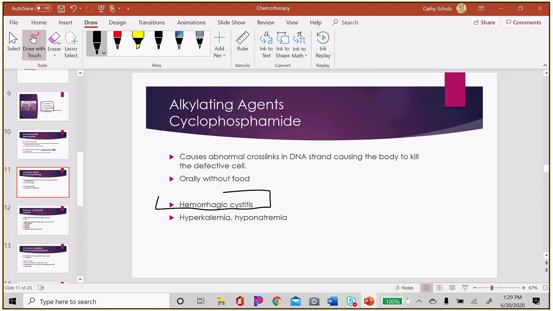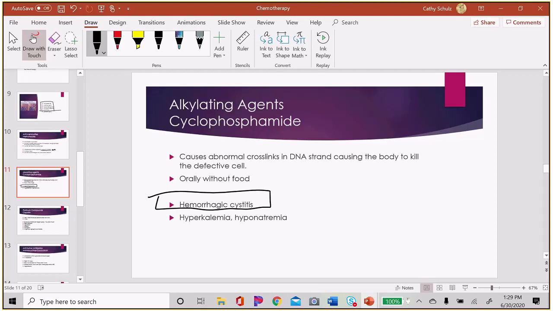One of the important things about this agent is something called hemorrhagic cystitis. That means that as this medication circulates through the body and is filtered by the kidneys, it can cause inflammation inside the bladder, so much so that the bladder could bleed.